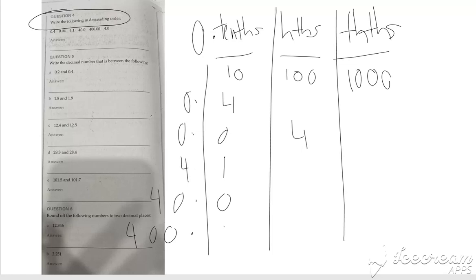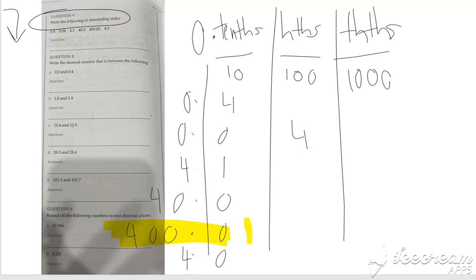Okay. So you'll notice 400 is quite big. So now what we've got is descending order. That's like starting at the top of the staircase and going down. So I can see that the biggest number there is 400. That's going to be number 1, because that's the biggest number because it's a whole number.